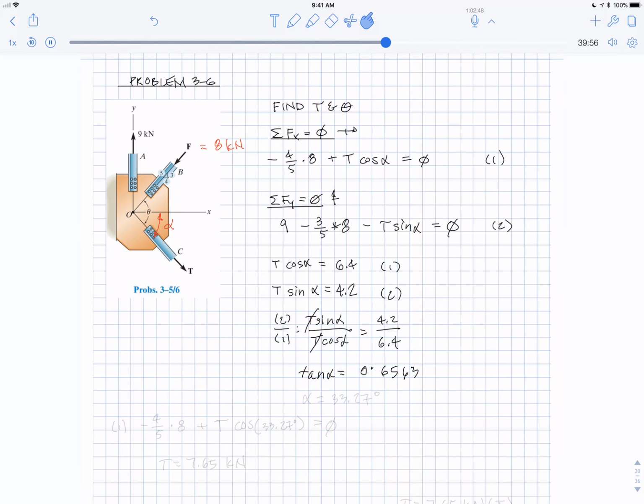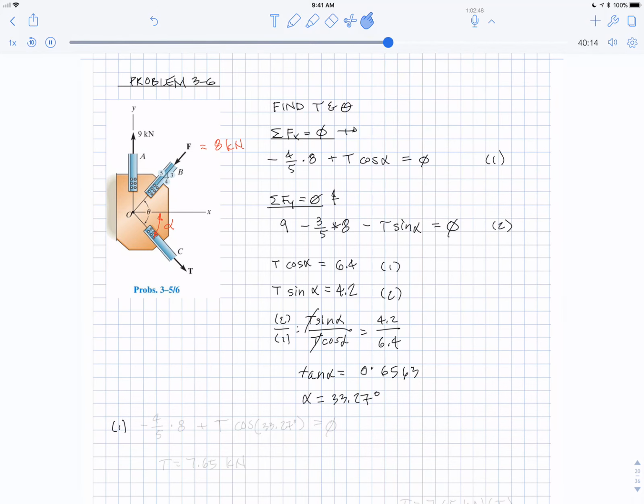Taking the arctangent of that, I get alpha equals 33.27 degrees. We'll calculate theta later, but right now I want to solve for T. So I'm going to put this back into equation 1.